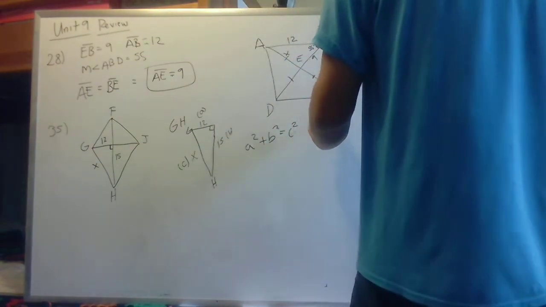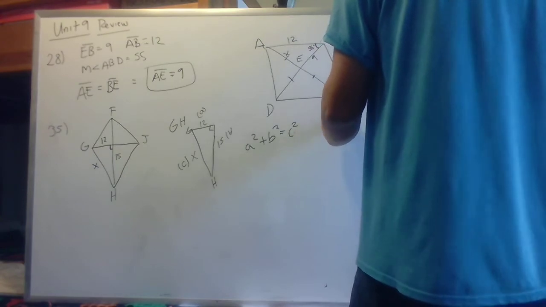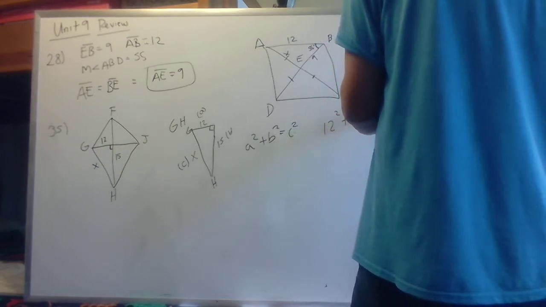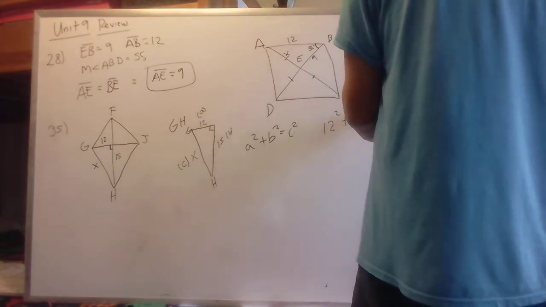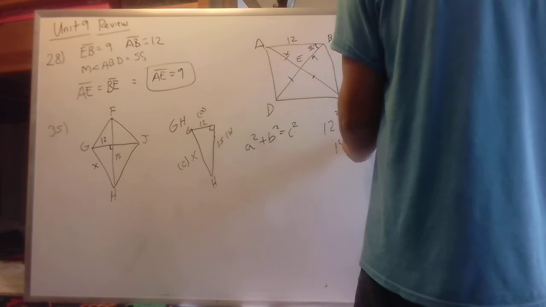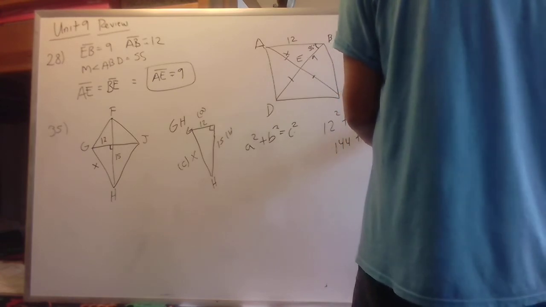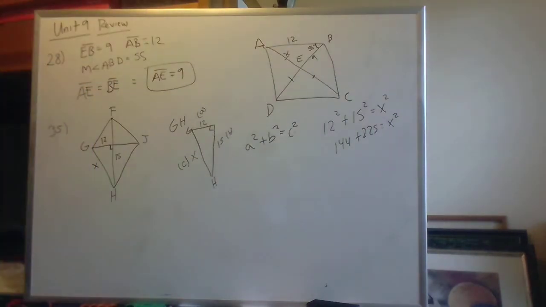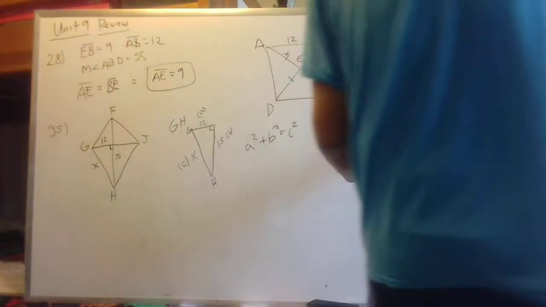So that means that we're going to have 12 squared plus 15 squared equals c squared, or in this case, we labeled c as x squared. So it's 144 plus 225 equals x squared. Doing the math, I just want to get my calculator to be able to take the square root of 369.